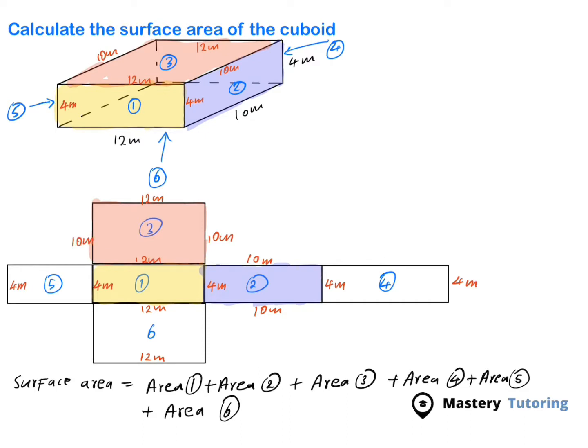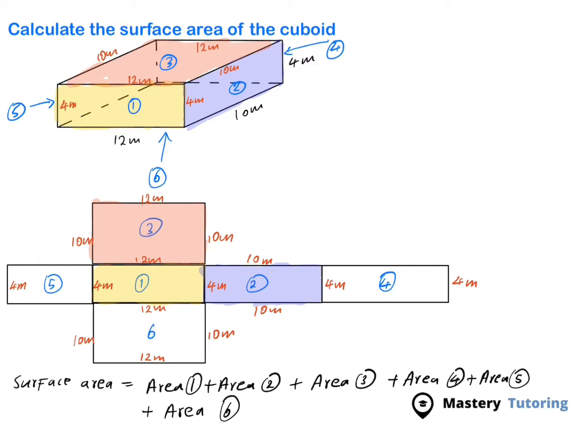And then looking at shape number 6, shape number 6 is exactly the same as shape number 3, just that it's at the bottom, because they are facing each other. Therefore, the dimensions are exactly the same. So meaning that this is going to be 10 meters, 10 meters. And then looking at shape number 4, shape number 4 is exactly the same as shape number 1 because they are on opposite sides.